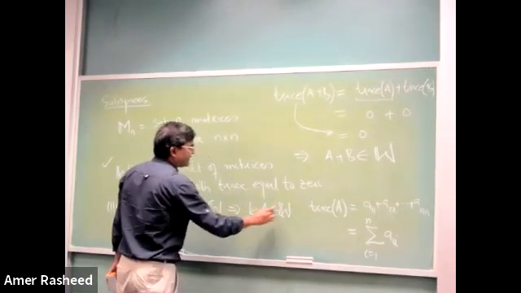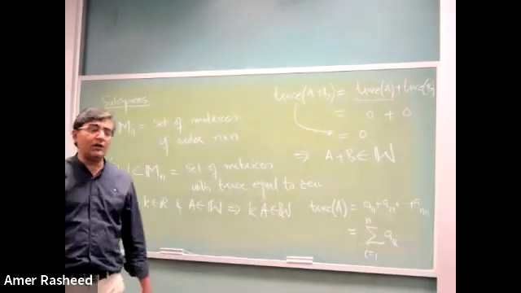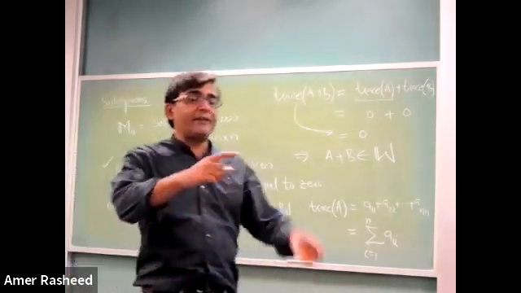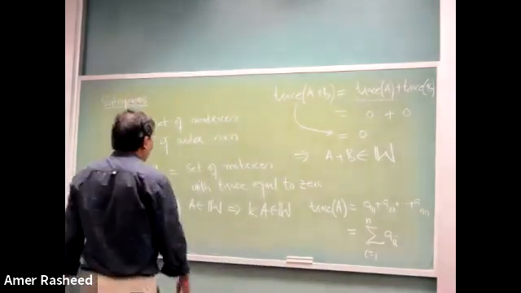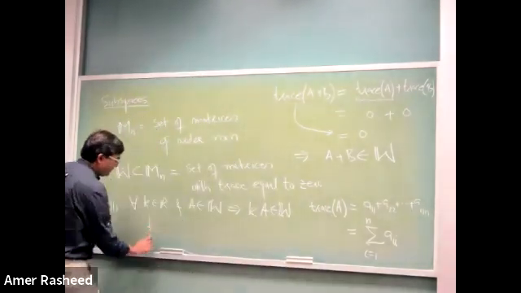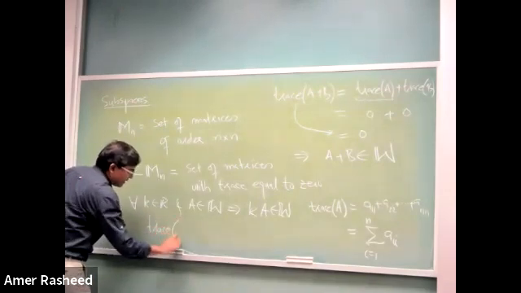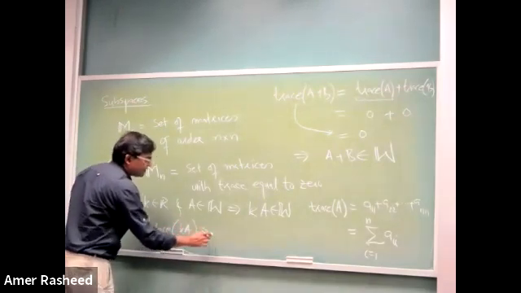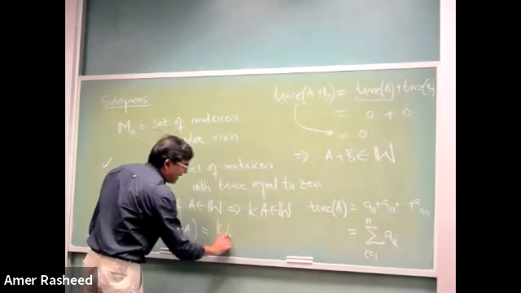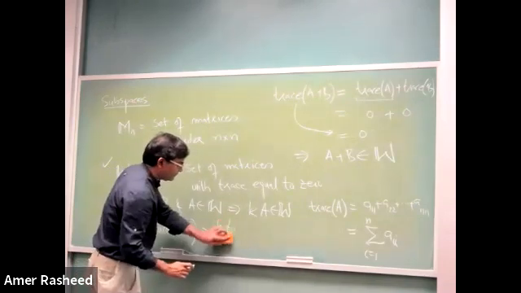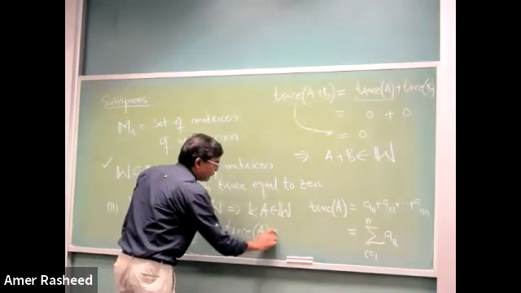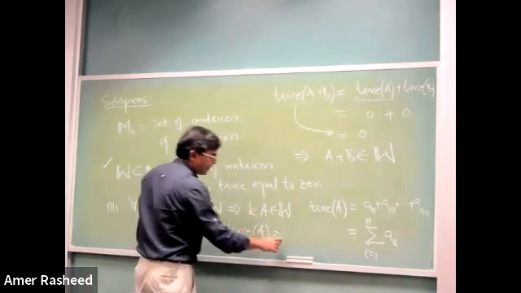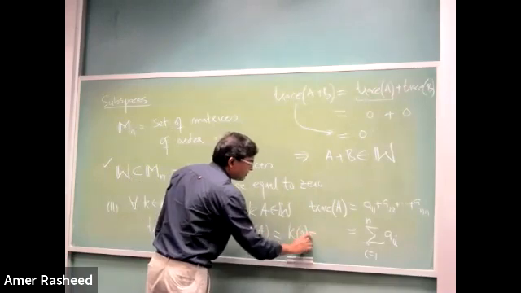Now, K times A belongs to W when we can prove that the trace of K times A is equal to 0. We know that the trace of K times A is equal to K times the trace of A. And we know that the trace of A is equal to 0, so K times 0 is equal to 0.